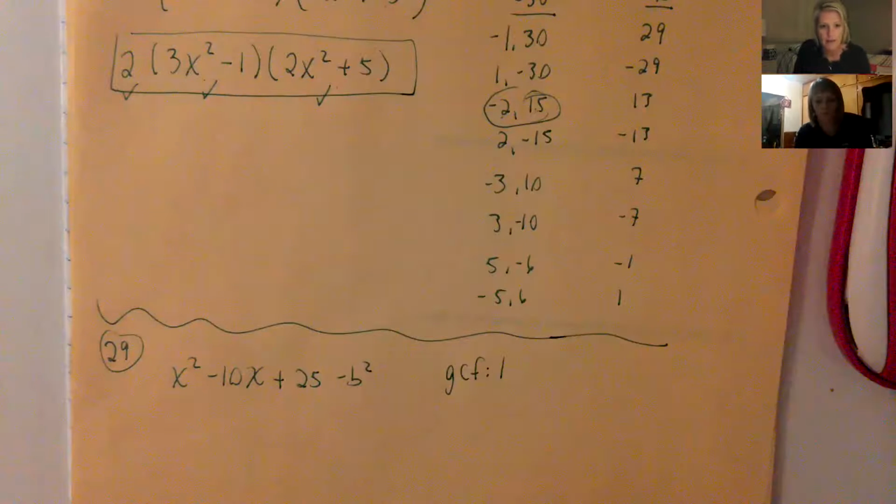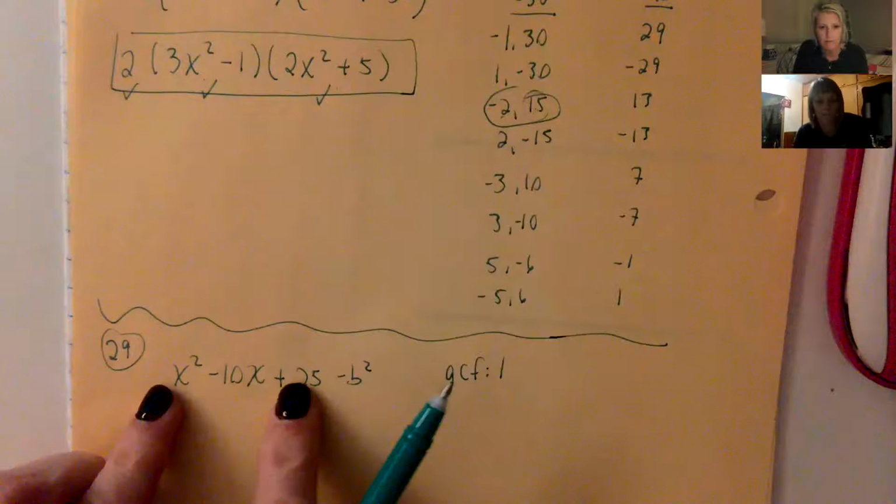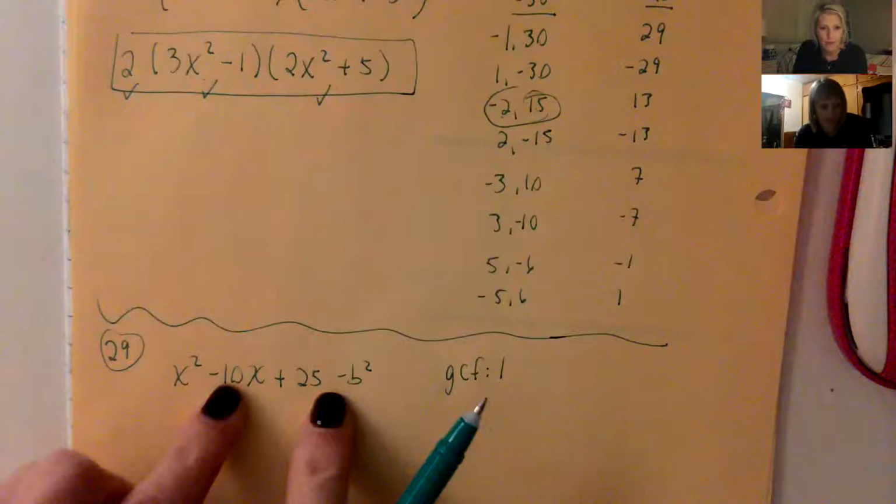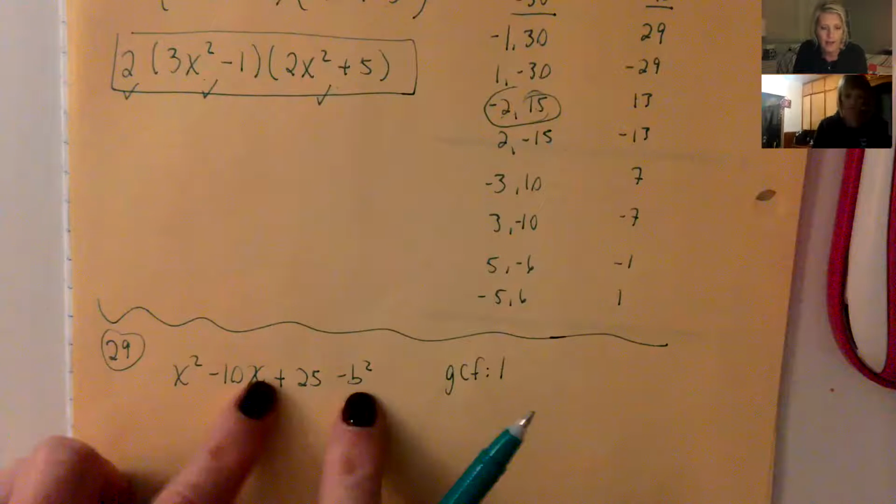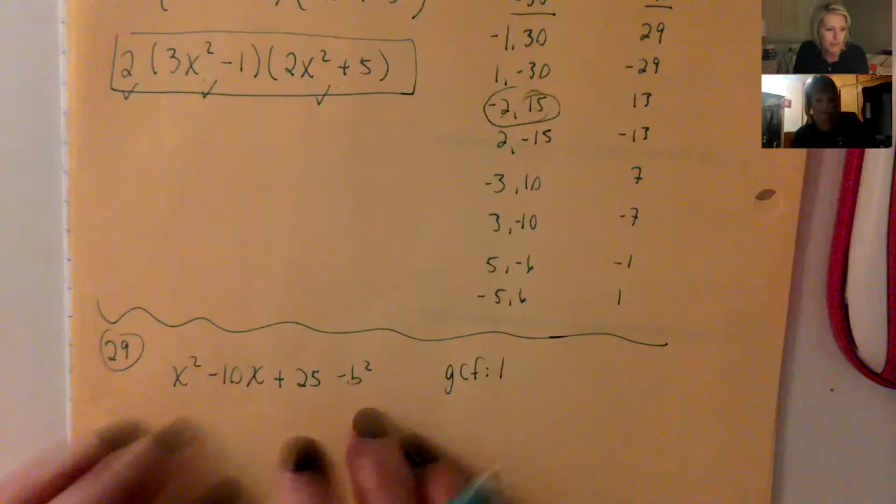My greatest common factor is a 1, because there's only 10 and 25. There's not x's in every term, and there's not b's in every term.